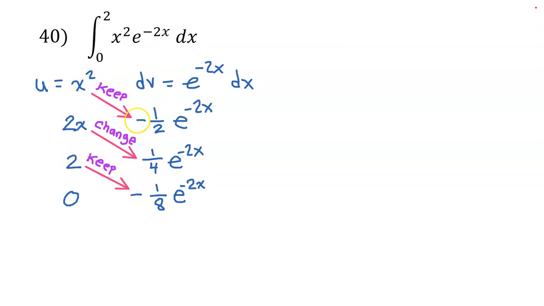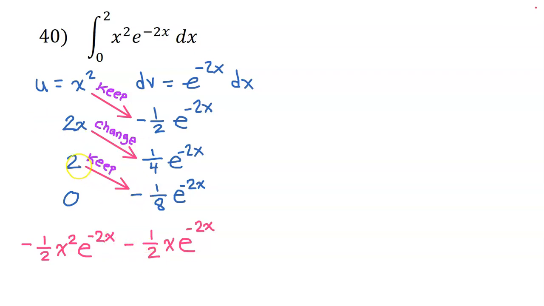So the first term will be x squared times negative 1/2 e to the negative 2x. And we keep the sign that we have. The second term will come from 2x times 1/4 e to the negative 2x. This would be 1/2 x e to the negative 2x, but we change the sign and make it minus.